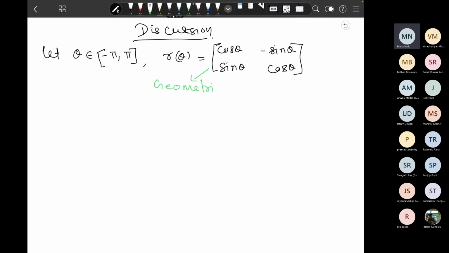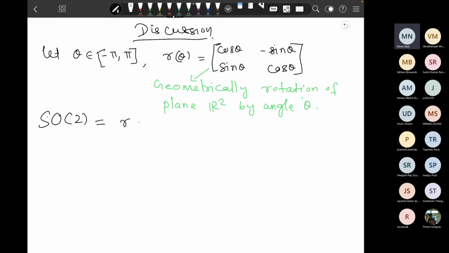Geometrically, this is a rotation of the plane R2 by an angle theta. Okay, so SO2 is equal to the set of R theta, where theta belongs to minus pi to pi.